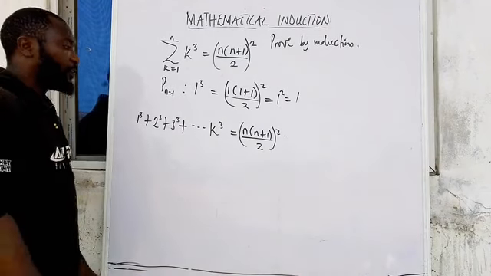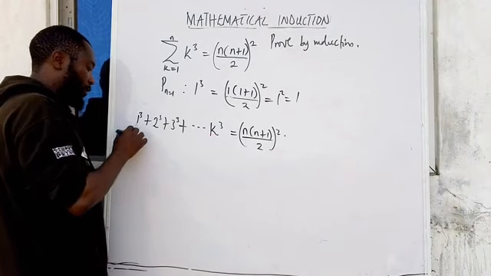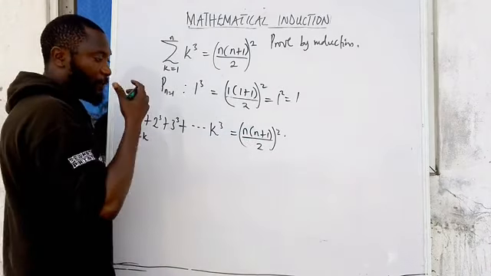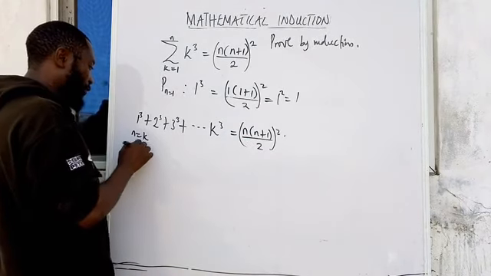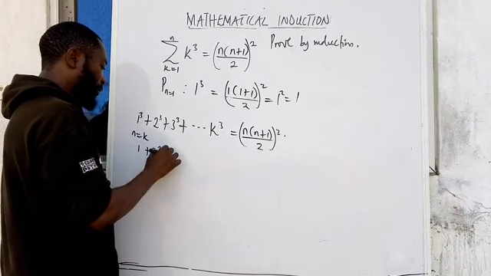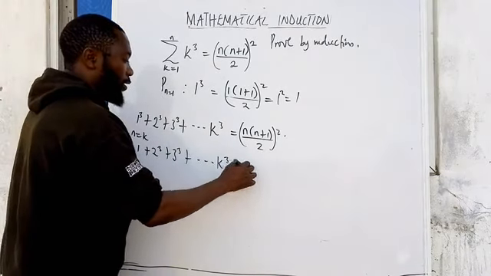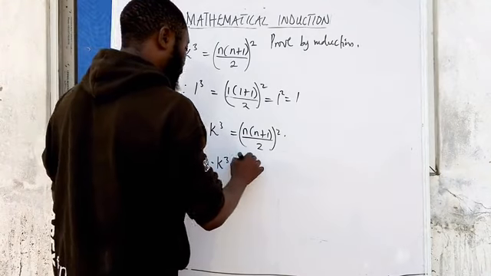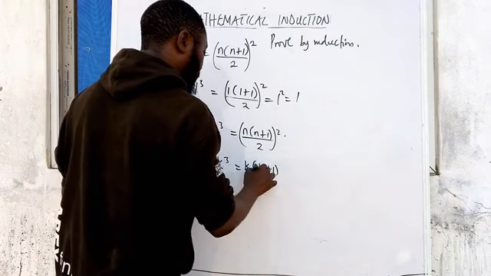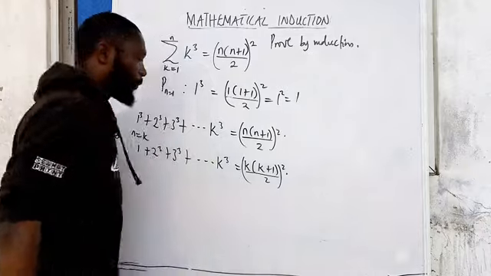So when we replace n with k, it's just like you change this one to k, and that will just be 1 plus 2 raised to the power of 3 and so on, everything equals to, change this to k now, so that's k plus 1 over 2, everything squared.